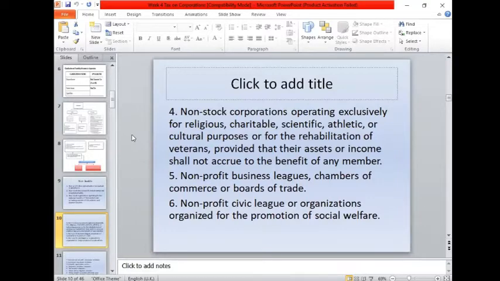Athletic purposes, like the Philippine Sports Commission, they are also a corporation. It is non-stock for the Filipino athletes, funded by the private sectors and donations from non-profit organizations.